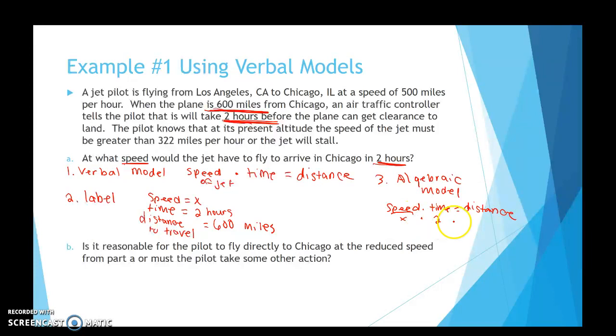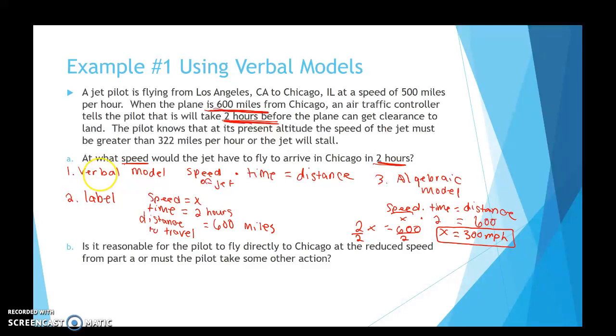So we're multiplying 2 and x to find our distance, which is going to be the 600 miles. So I write this as 2x equals 600, and I need to find my x by dividing 2 from each side. So x equals 300 miles per hour. That's the speed at which the jet would have to fly to arrive in Chicago in 2 hours. That would be my answer to A.